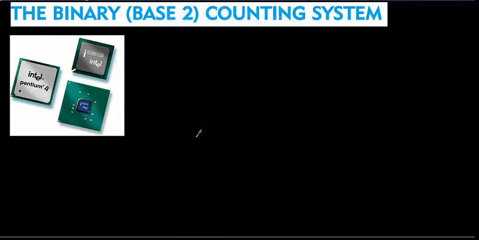So when we have a number like this, 1 1 0 1 1, and as I told you at the beginning, computers are using only 2 numbers, 1 and 0, so all the numbers are made up of these 2 numbers. And if I write here 2, I understand this system is base 2.